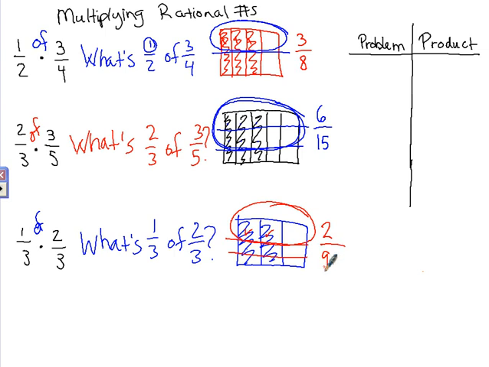Now I come over here to the table, and I start to record my problems and my products being the answer to a multiplication problem. I'm doing this in hopes of seeing a pattern so that I don't have to continue to draw the pictures. Drawing pictures for fractions is fine when the fractions are small, but as the fractions get bigger, that's not reasonable. So I saw for 1/2 times 3/4, which we had over here, we got the answer of 3/8.